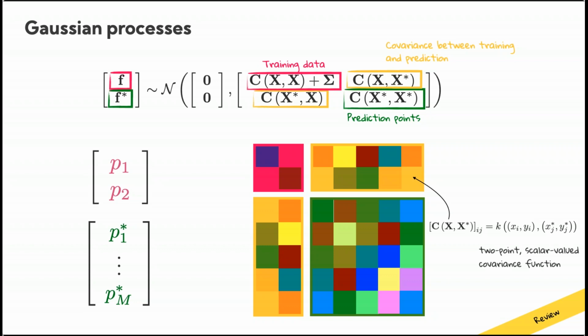We're saying there's some 2-point scalar covariance function that defines the relationship between the pressure at any 2 points, and provided you know its hyperparameters, you evaluate your covariance matrix by taking the corresponding xi, yi, and x star, y star pairs and plugging them into your covariance matrix, as you see over there.